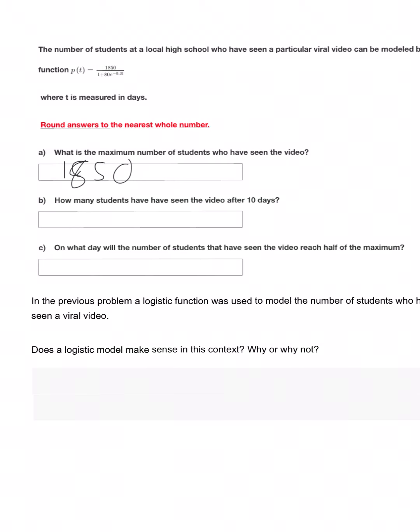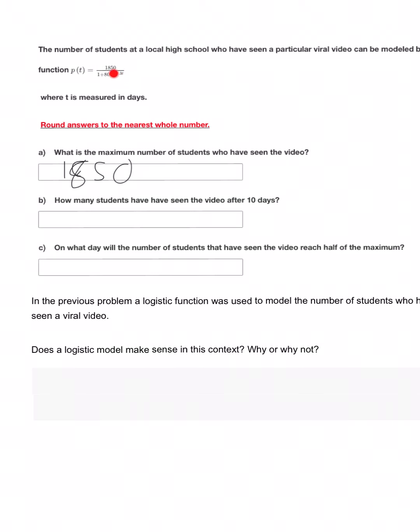How many students have seen the viral video after 10 days? Well, in this case, we're just going to plug in 10 for t. Be careful with your calculator. If you have an older version, make sure you put the entire denominator in parentheses to make sure that it's 1,850 divided by this whole thing.